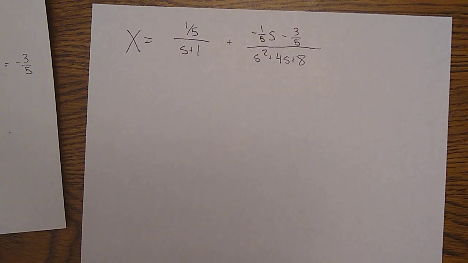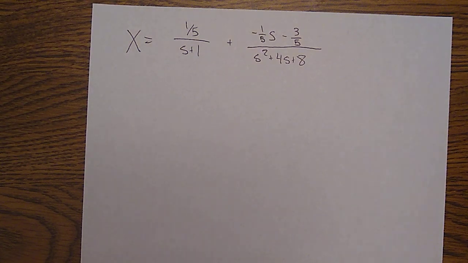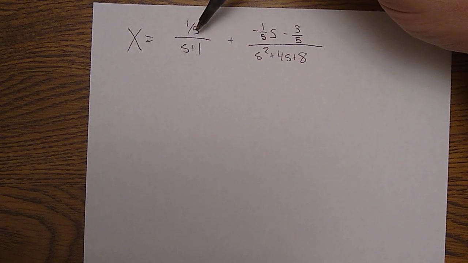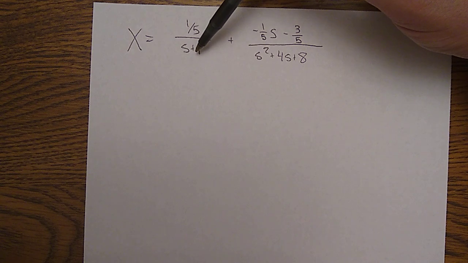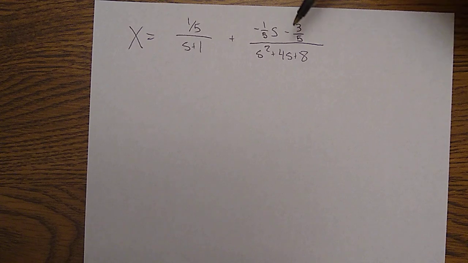Okay, and this is what we have to do the inverse Laplace transform of. This part is easy enough. I know the inverse Laplace transform of 1 over s plus 1. What are we going to do with this part?